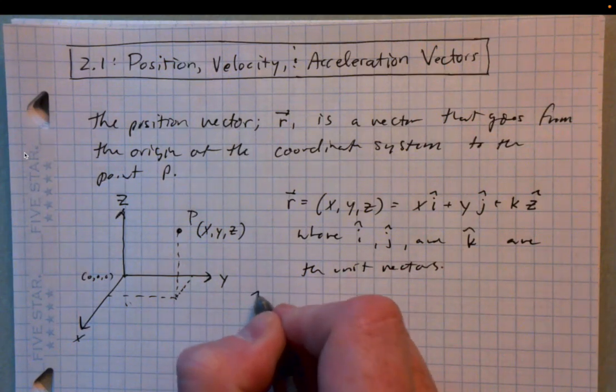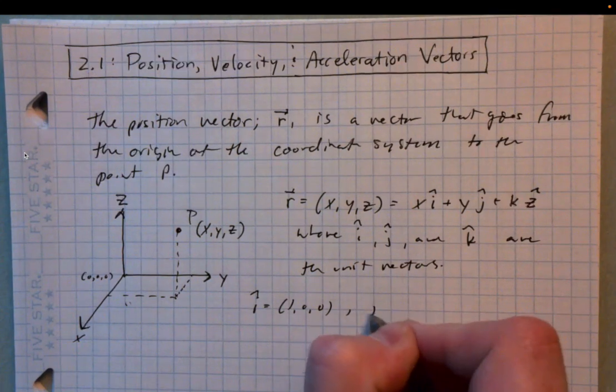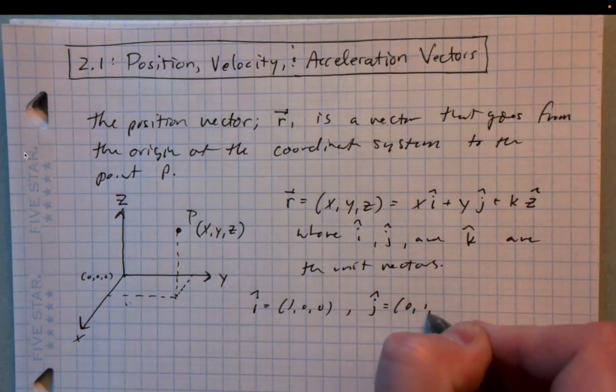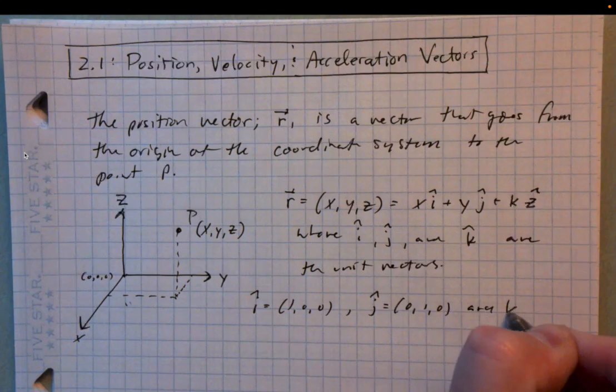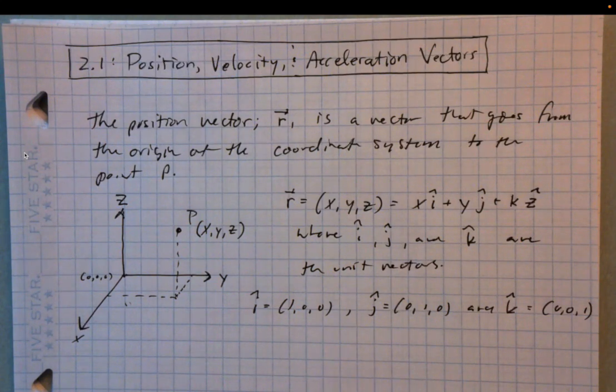Just to refresh our memory, i hat would be 1, 0, 0, j hat would be equal to 0, 1, 0, and k hat is equal to 0, 0, 1. Okay. So this would be the simplest way to think of the position of an object in a coordinate system using a position vector like R. R is equal to the X component times i hat plus the Y component times j hat plus the Z component times k hat. Okay.